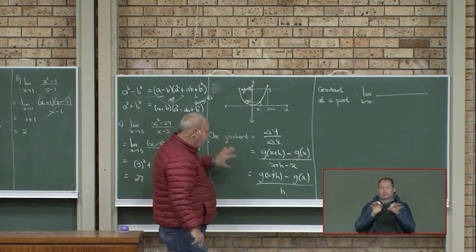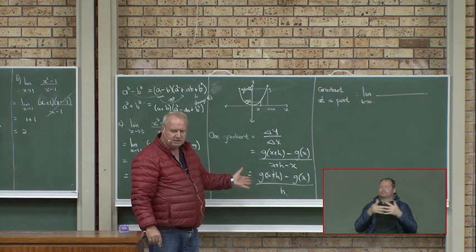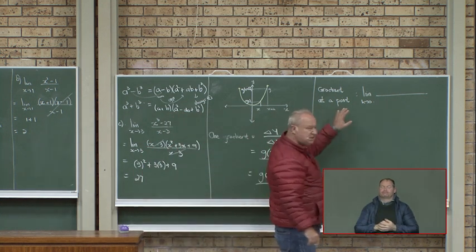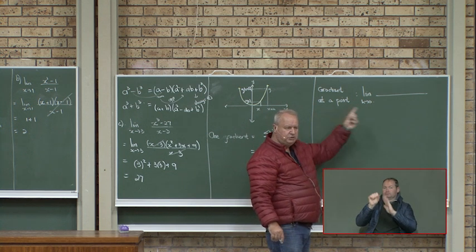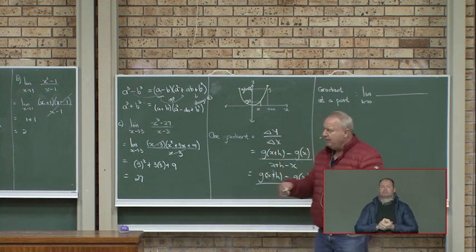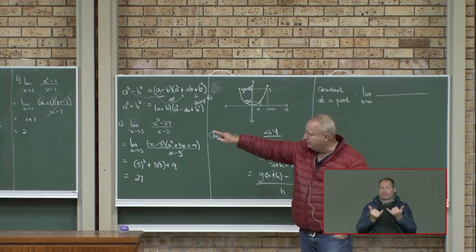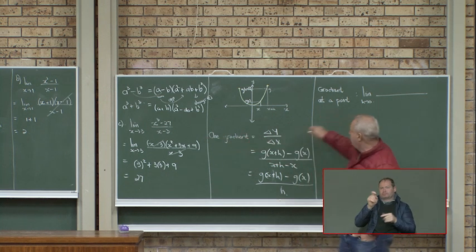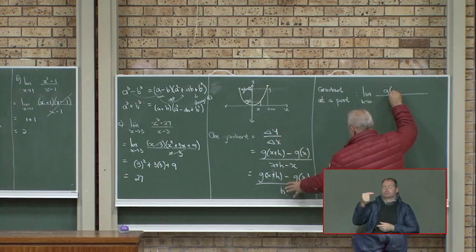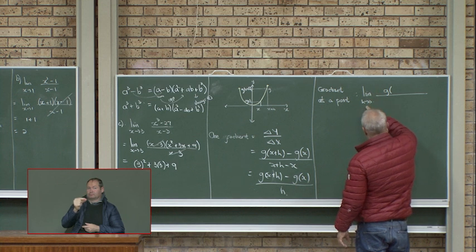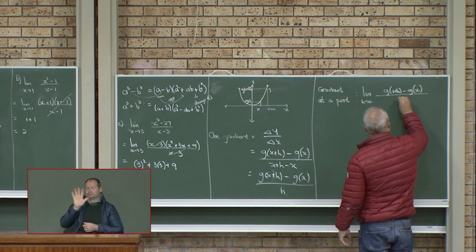People, the gradient at a specific point is where I bring the limit sign into the equation. I am finding the gradient at a point. There, I want to find the point as x approaches 3. The gradient at the point is the limit of the average gradient: g(x plus h) minus g(x) over h.